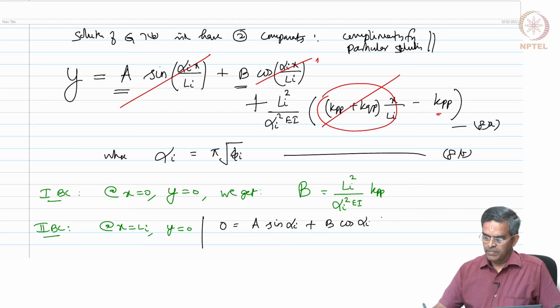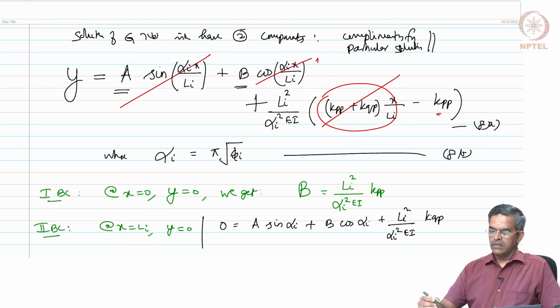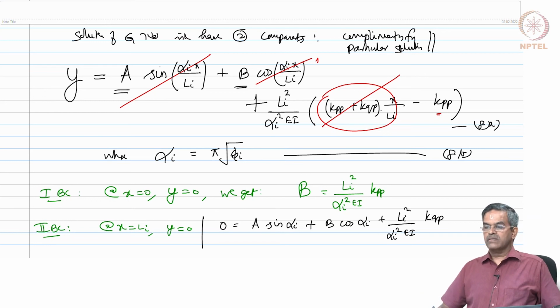So, I will get plus Li square by alpha I square Ei of KQP, is it not? Because Li and Xi get cancelled because x is equal to L is the condition. This is what I get.